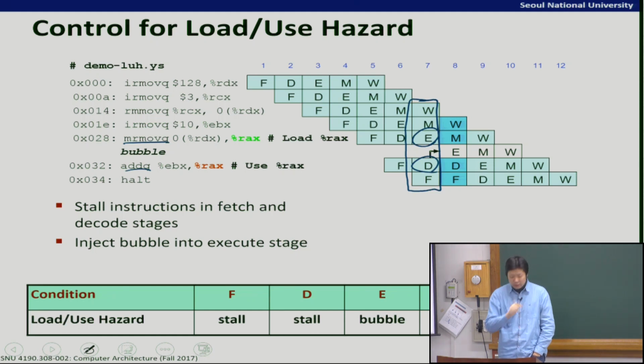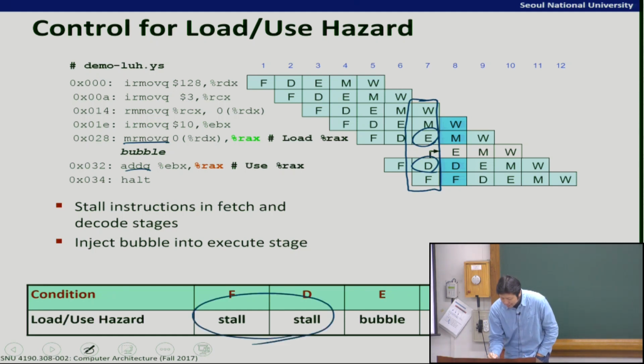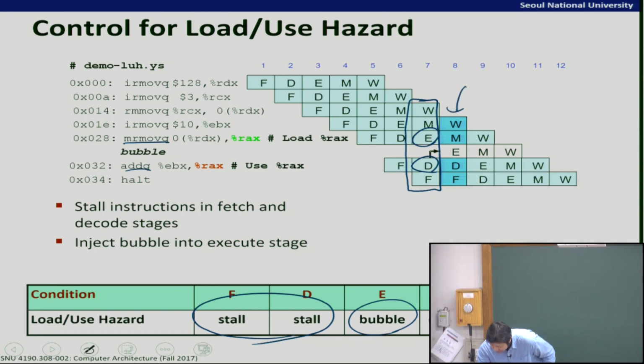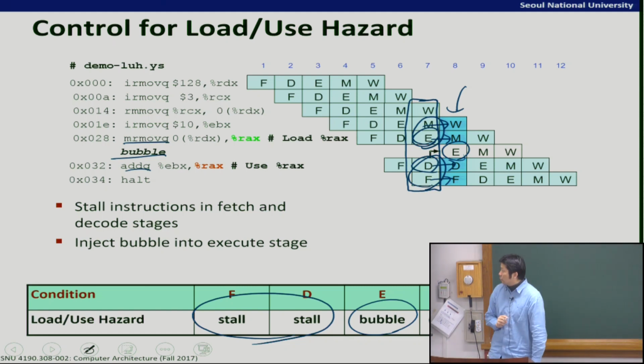Whenever we stall, we hold the two instructions in the F and D stages, and the other two instructions make progress, and we insert a bubble in between. That's a stall. That's what happens here in cycle 8. These two instructions move forward to the W and M stages, and these two instructions stay there in the D and F stages, and we have an empty slot available in the E stage. Now this one becomes a bubble like this. The stall happens in this case.